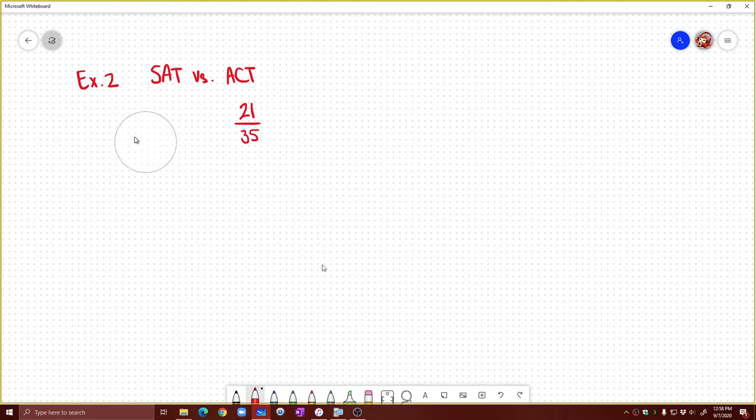So for our SAT and ACT example, I'm going to go ahead and put some information. For SAT, I'm going to put here that the average score on SAT was 1100. Standard deviation was 200 points.